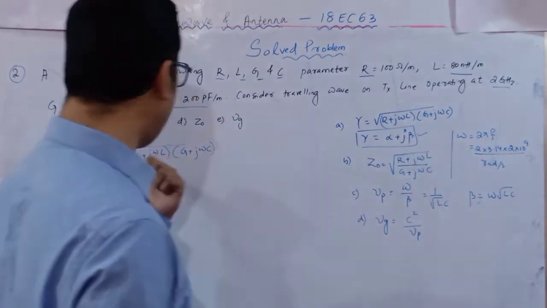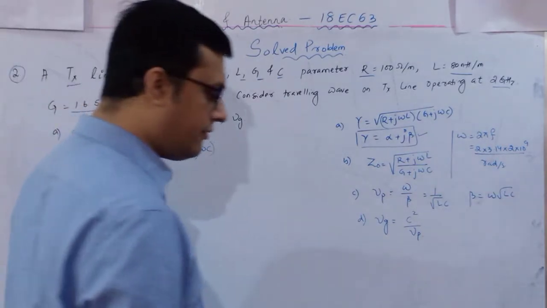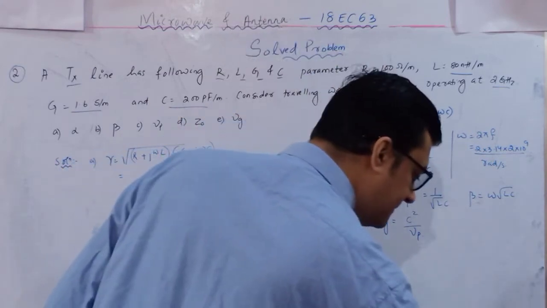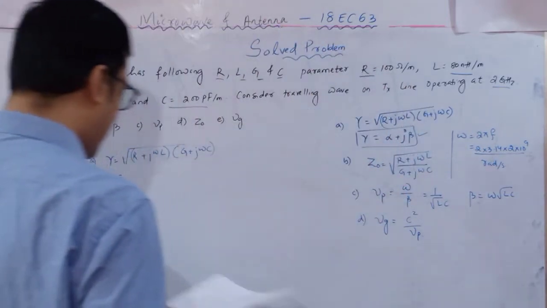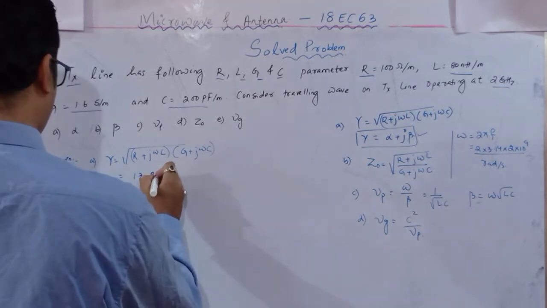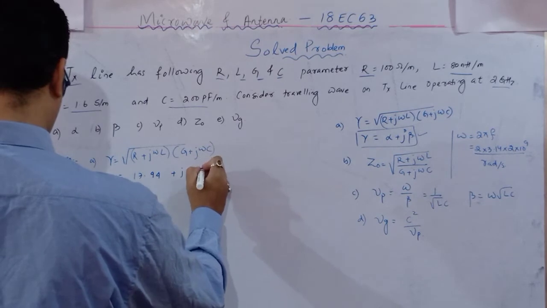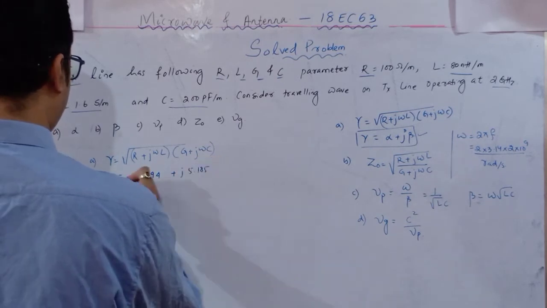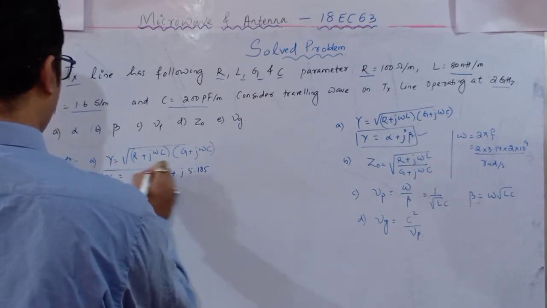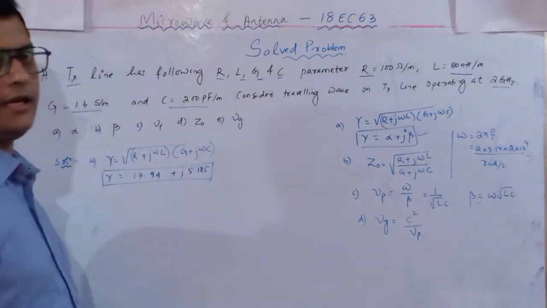Substitute all those values in this and try to solve it. If you solve this value, you will get around 17.94 plus j 5.185. So this is the constant value you will get after solving the above relation.